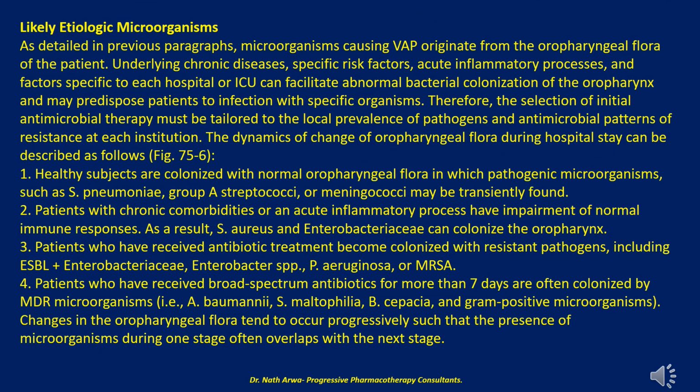And now we will discuss likely etiologic microorganisms. As detailed in previous paragraphs, microorganisms causing ventilator-associated pneumonia originate from the oropharyngeal flora of the patient. Underlying chronic diseases, specific risk factors, acute inflammatory processes, and factors specific to each hospital or ICU can facilitate abnormal bacterial colonization of the oropharynx and may predispose patients to infection with specific organisms.